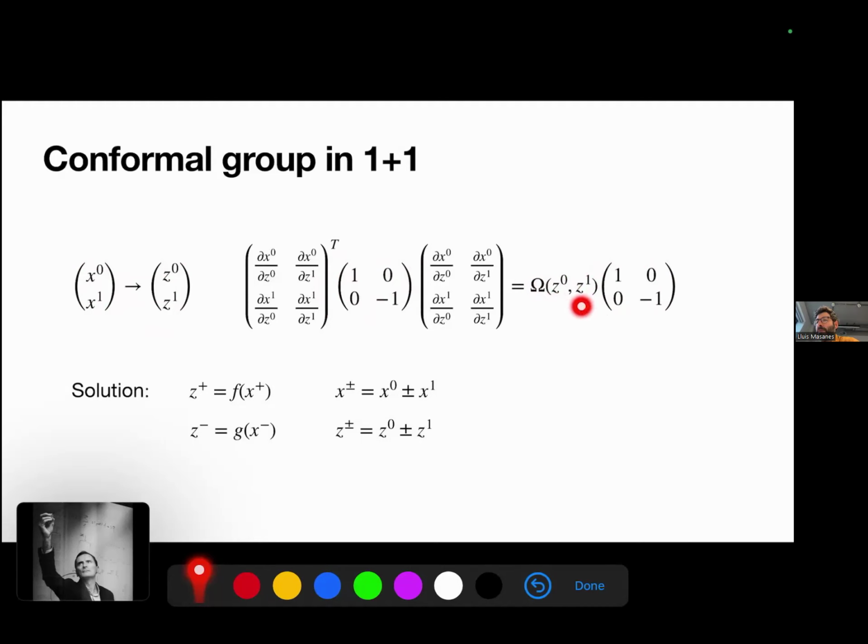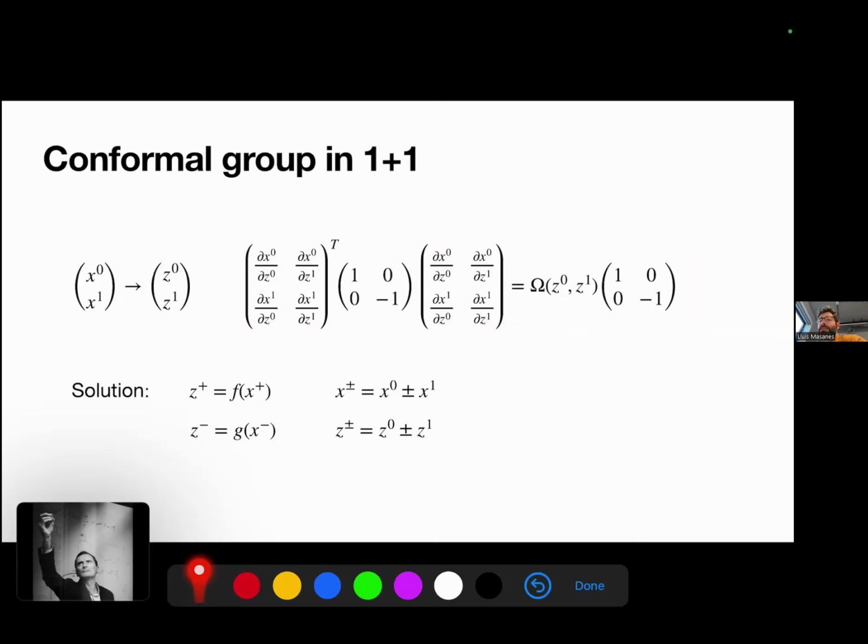And of course, this proportionality factor can depend on the location, on the point. But apart from this, it has the same structure, okay? If you know about differential geometry, this is the rule of how you change the metric tensor, or any tensor, when you change coordinates, okay? So this is a general change of coordinates, and then conformal implies that it has to be of this form, okay?